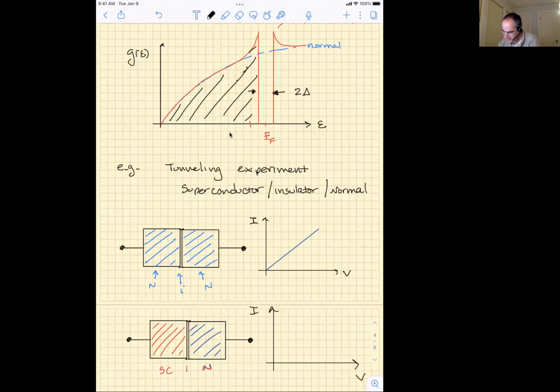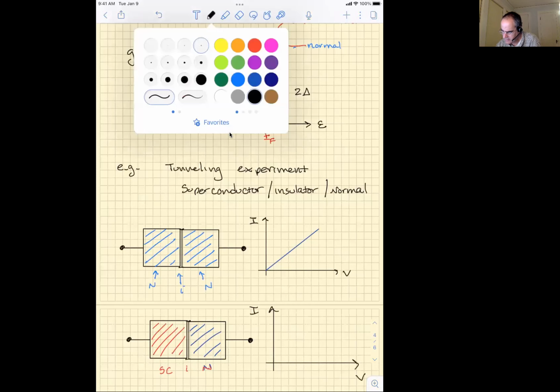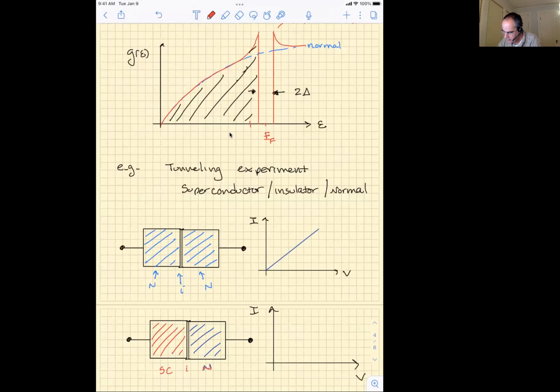What one sees is that initially, for small voltages, no current flows through the junction until we reach a threshold voltage. And at that point, the current switches on. And the threshold voltage just defines the energy gap. It defines delta.